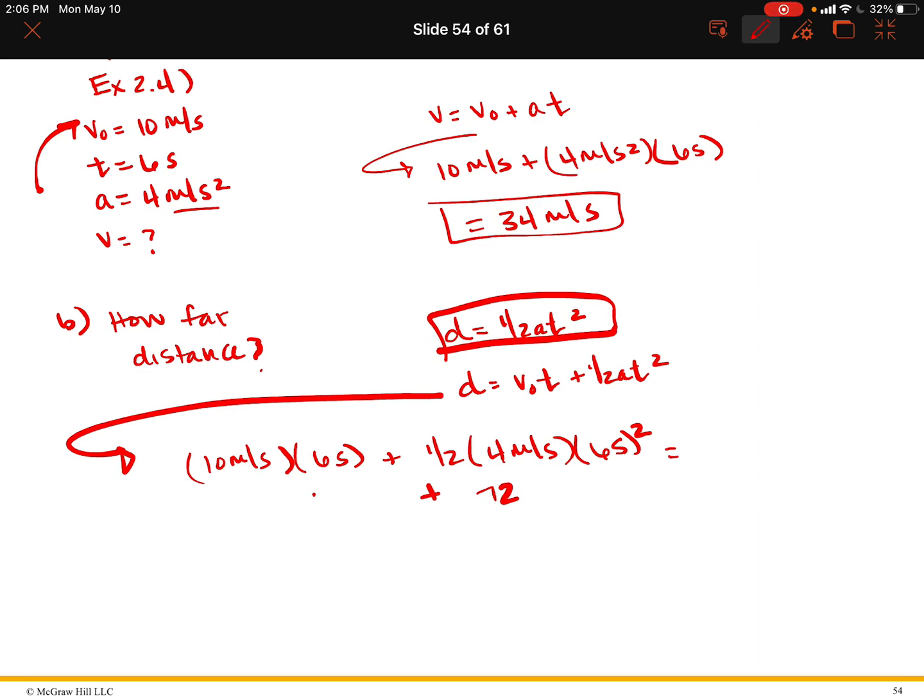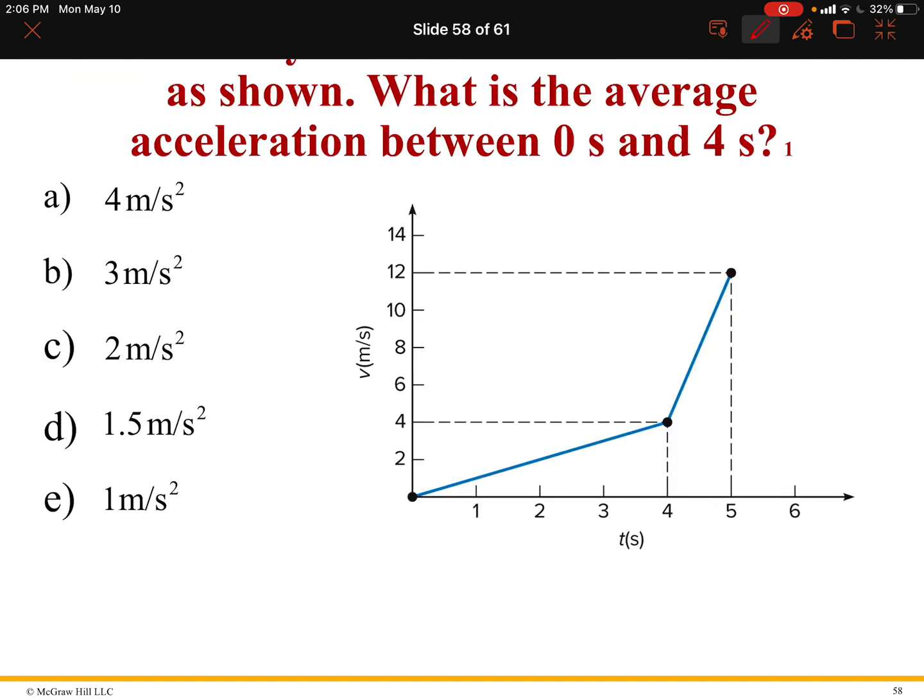Then you've got 10 times 6, which is 60. Add those up: 60 plus 72 is 132. We're finding distance, so what do you think the unit will be? You measure distance in meters in science or the metric system. So our distance is 132 meters.